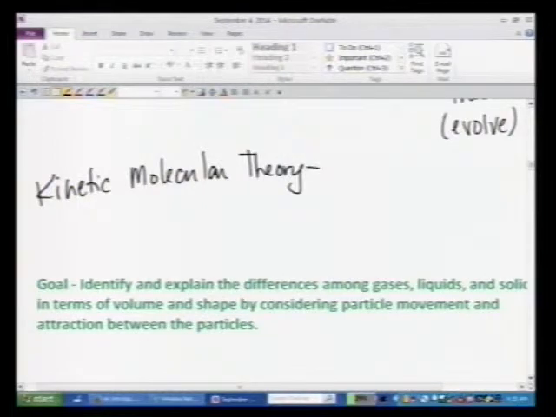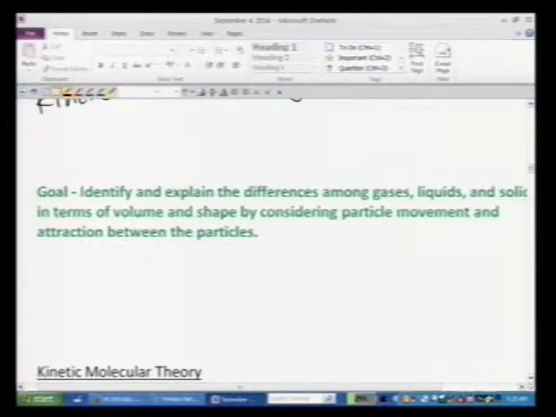And this in green here, and like I said, I'll make this a little bit larger next time, is the goal for this portion. You want to be able to identify and explain the differences between solids, liquids, and gases, materials that you are familiar with.